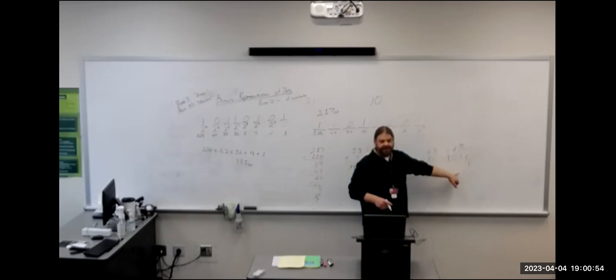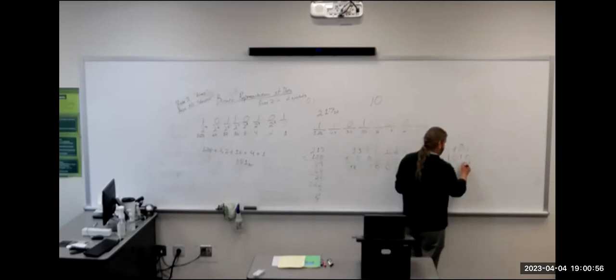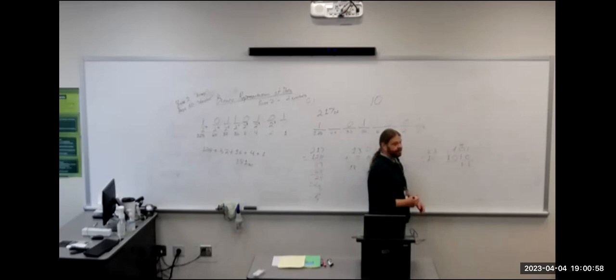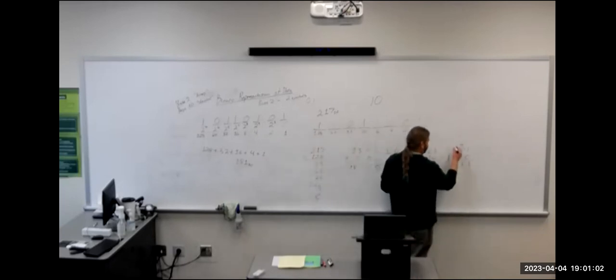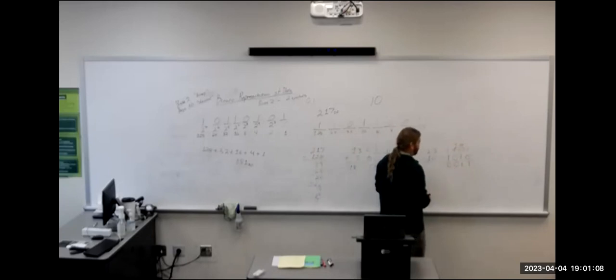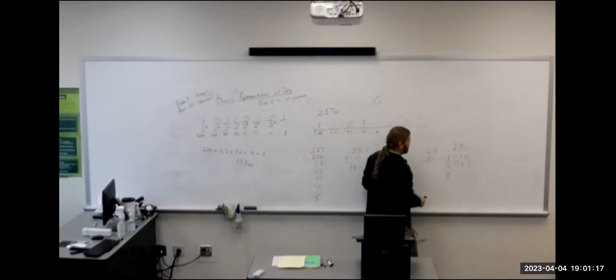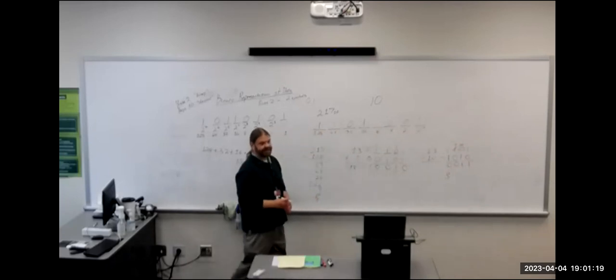So 2 minus 1 is how much? 1, right? We borrowed from this one, so we don't have anything left here. 0 minus 0 is 0. 1 minus 1 is 0. So we have something in the 1's column, something in the 2's column, and nothing else. So 1 plus 2 should give us 3. So you can see the addition and subtraction work the same way.